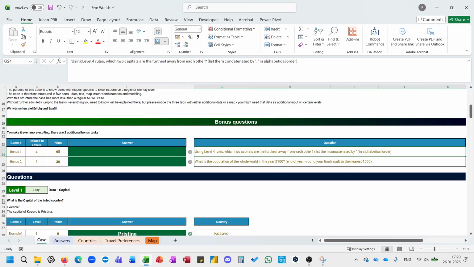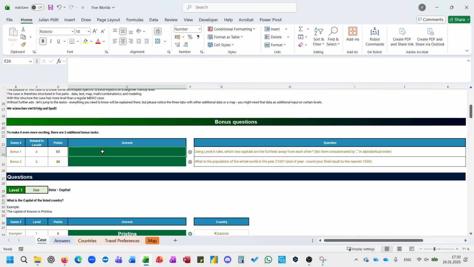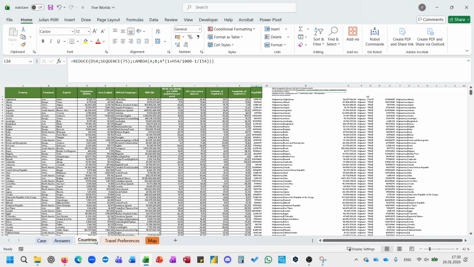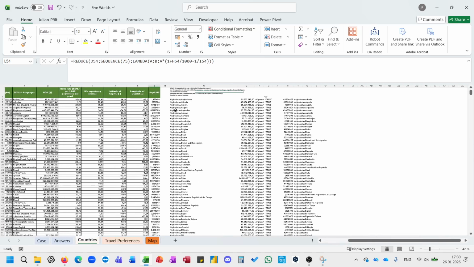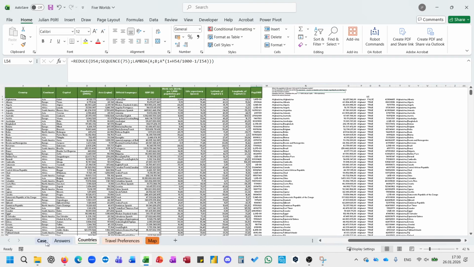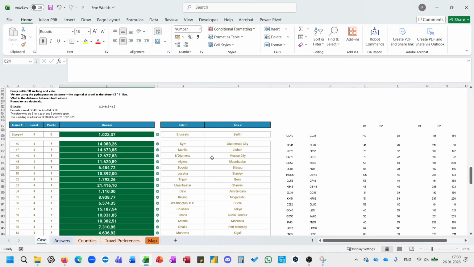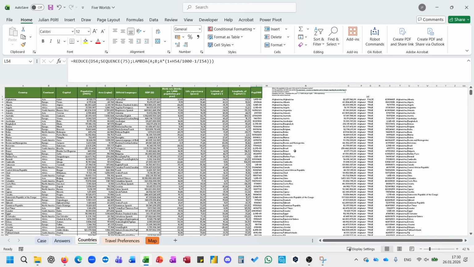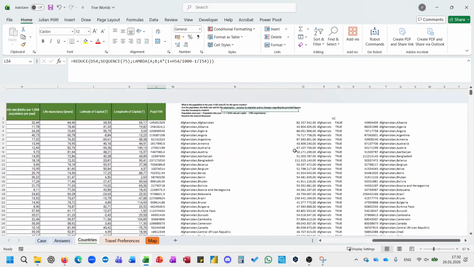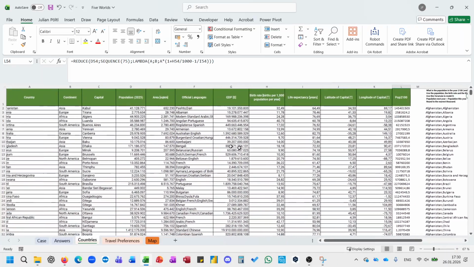Now, 2 bonus questions using level 10 rules. Oopsie, level 4 rules. Which 2 capitals are the furthest away from each other? So actually level 4. Here. So we then calculate this for all countries.